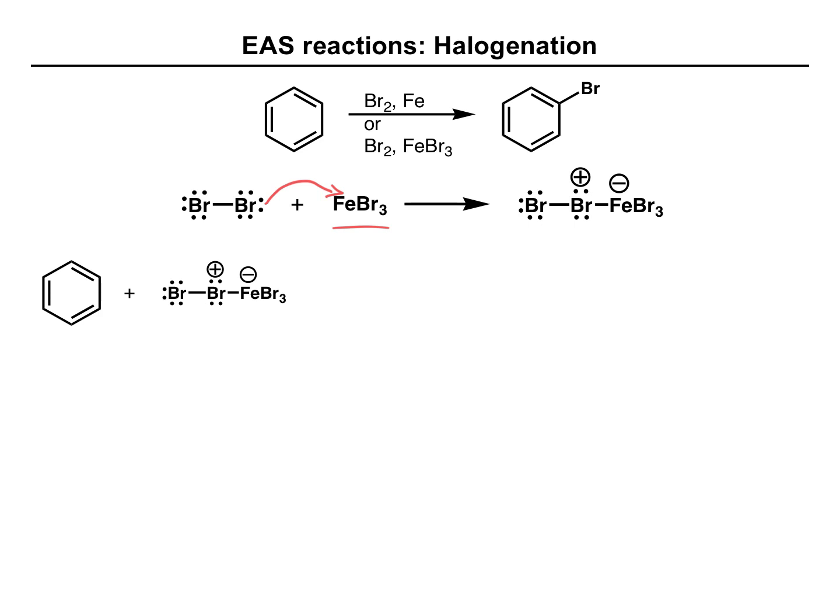So if we look at the mechanism of this reaction, benzene can share electrons with the bromine, which pushes these electrons onto the bromine with a positive formal charge, which gives us this intermediate.